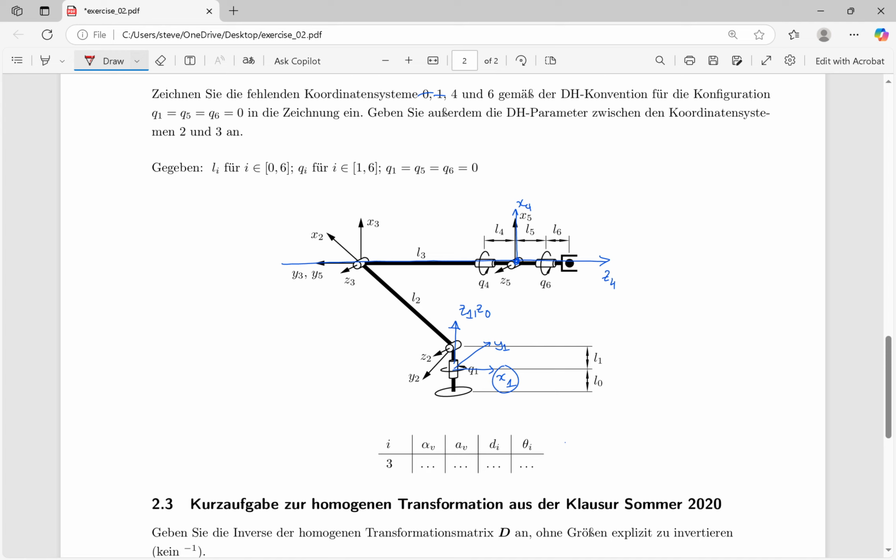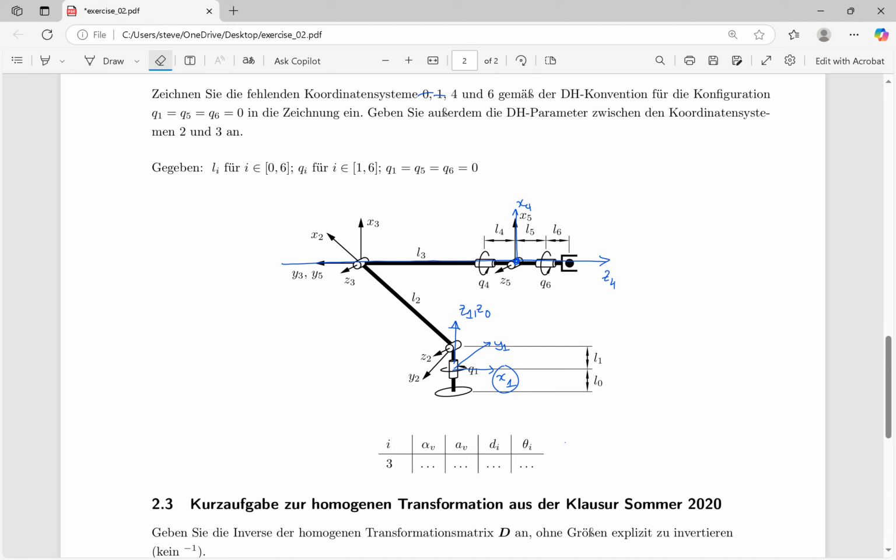And the fact is that we don't have Q3 equals 0 here. We only have Q5 and Q6 is 0. And we know for a fact that when Q5 is 0, then X5 and X4 completely align.